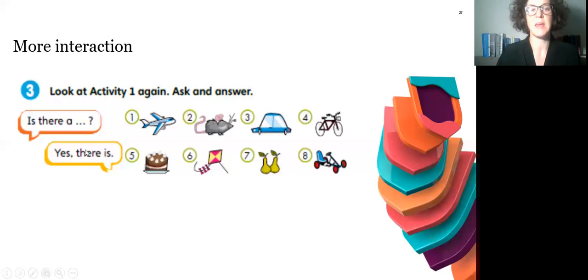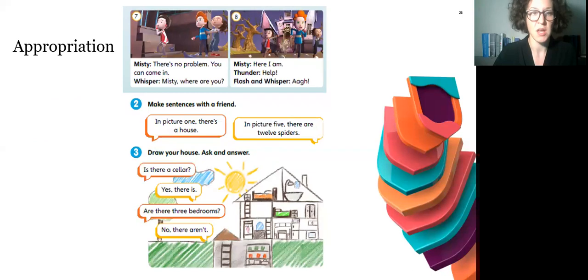So students play with this activity, and this is how they use the language. This is how they appropriate this language. And even stronger appropriation later goes through the story with their favorite superheroes, Super Minds heroes.